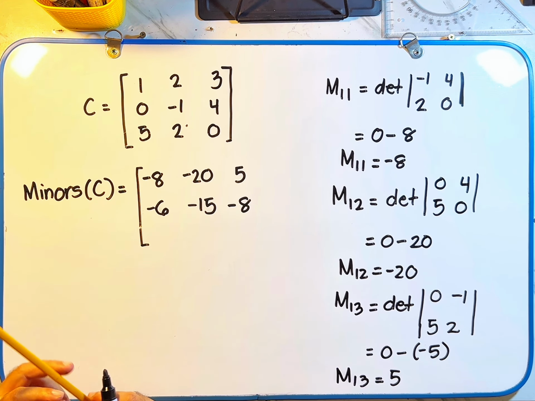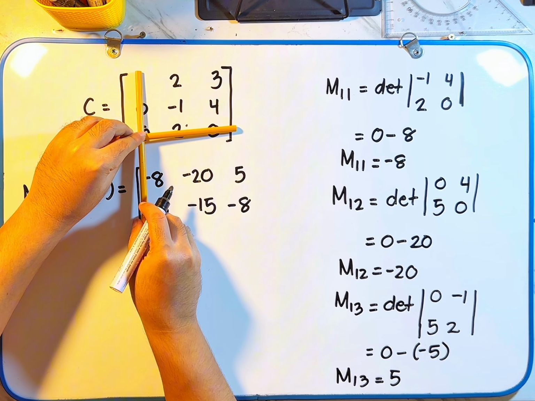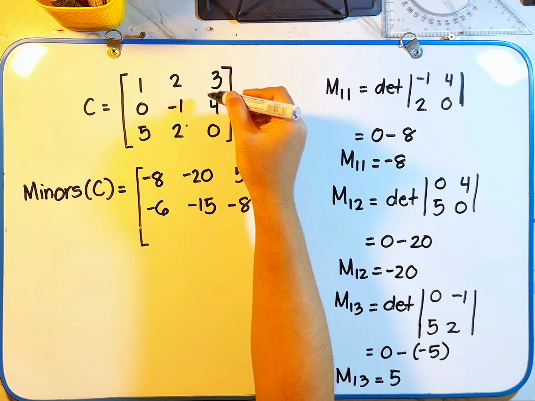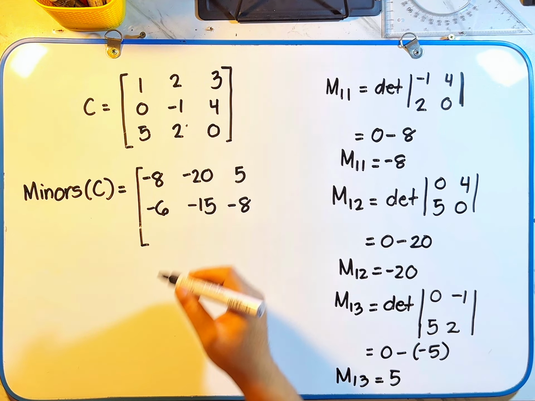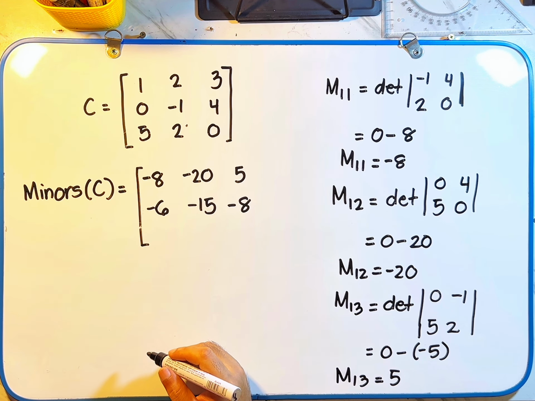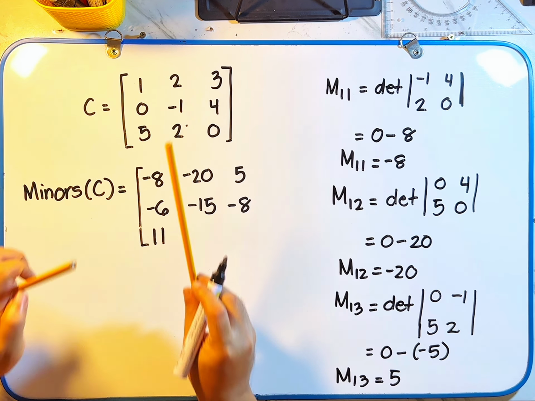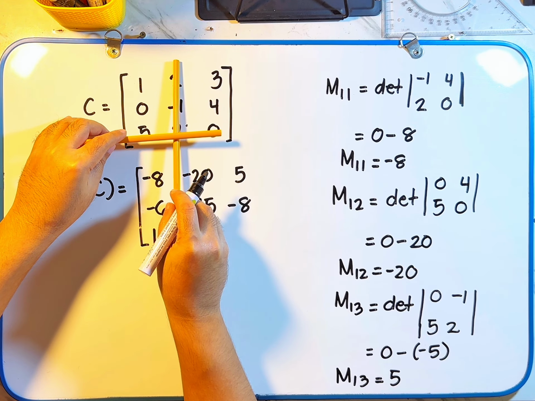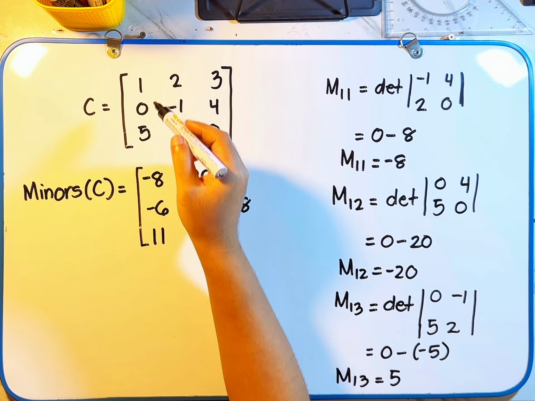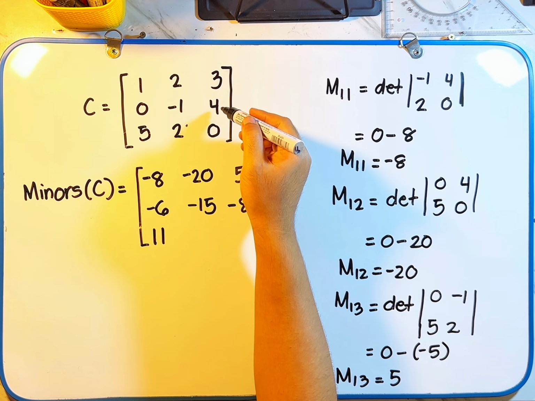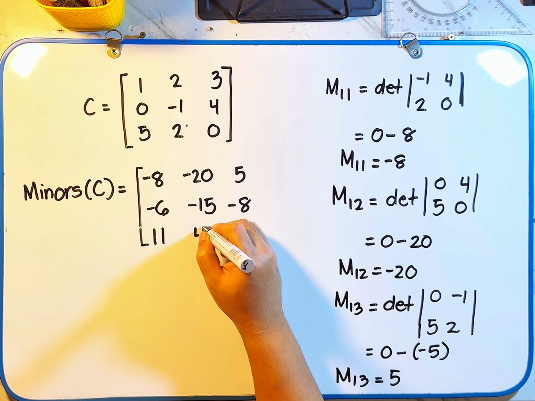Next, for the element in the third row, first column, we have this 2 by 2. So 2 times 4 is 8, minus negative 1 times 3 is negative 3. So 8 minus negative 3 becomes 8 plus 3, so that's 11. And then, third row, second column, we have these 4 elements. 1 times 4 is 4, minus 0 times 3 is 0, so that would be 4.